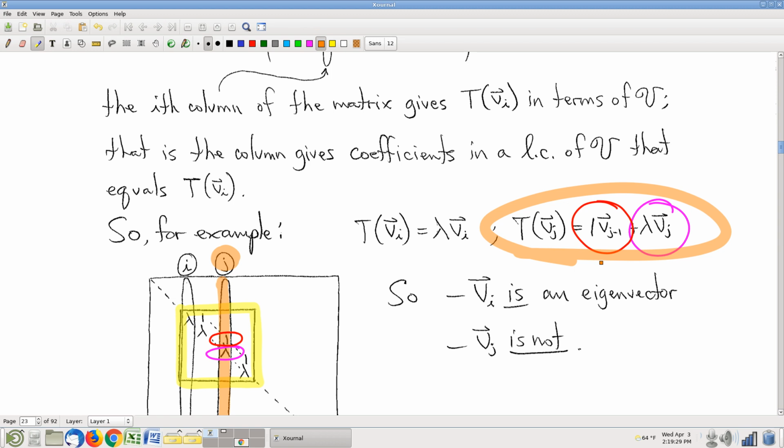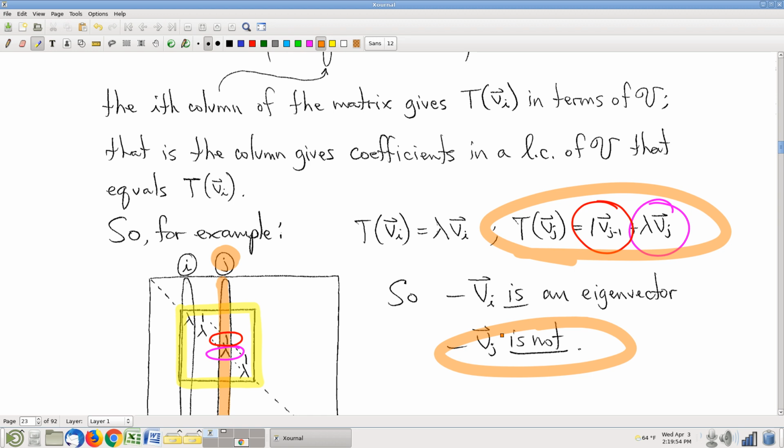Okay. Everybody on board so far? By the way, that means that Vj is not an eigenvector. If Vj were an eigenvector, I would need T of Vj to be just a multiple of Vj. But it isn't. It's got this other term in here pointing in a different direction, messing everything up. So, not an eigenvector.